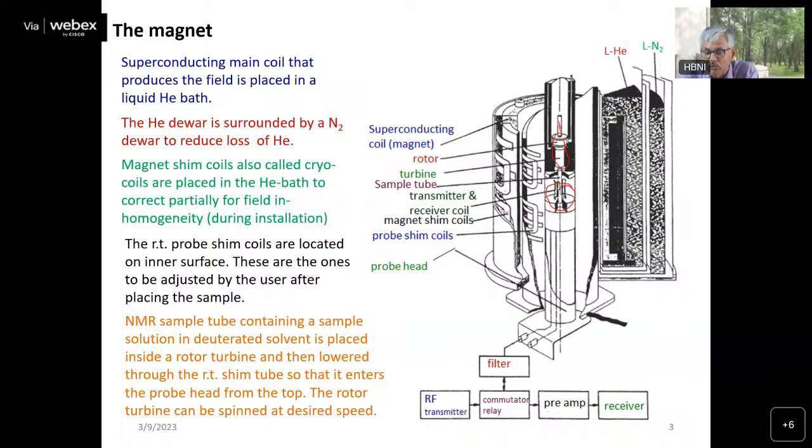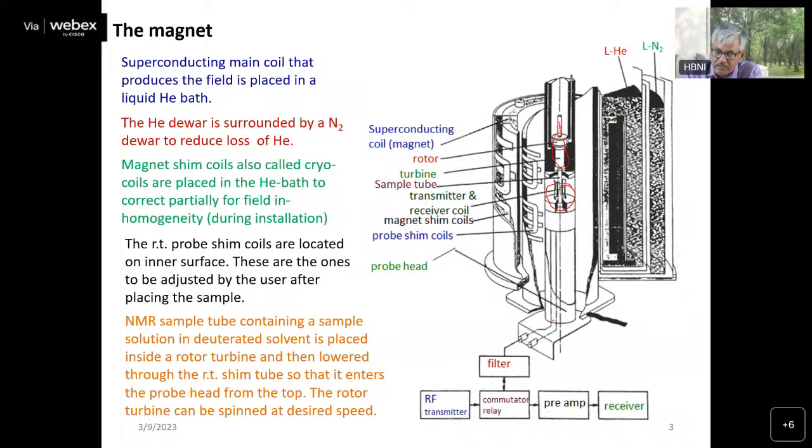The sample volume comes at the probe head, where all these coils are there. Both the radio frequency as well as the signals generated are obtained from this part of the NMR tube, or the volume where the sample is. Also this rotor turbine can be spun, depending on what spin rate you want. Normally it spins between 50 to 100 hertz.